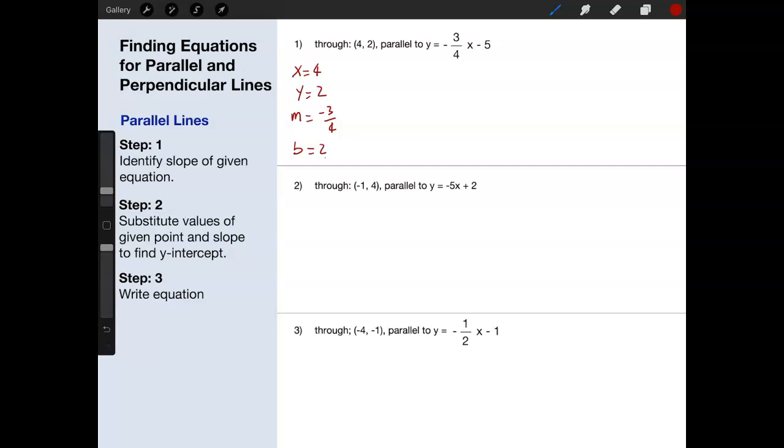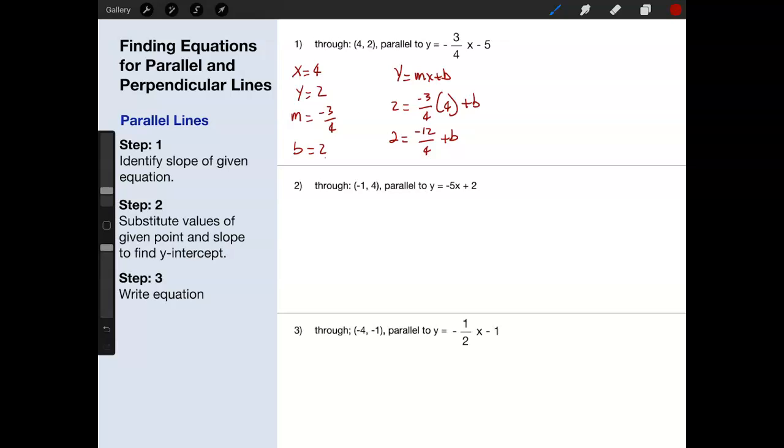So now we substitute all these values into the equation y equals mx plus b. Y equals 2, m equals negative 3 over 4, x equals 4, and we do not know what b is yet. So we multiply. 2 equals negative 3 over 4 times 4 equals negative 12 over 4 plus b.